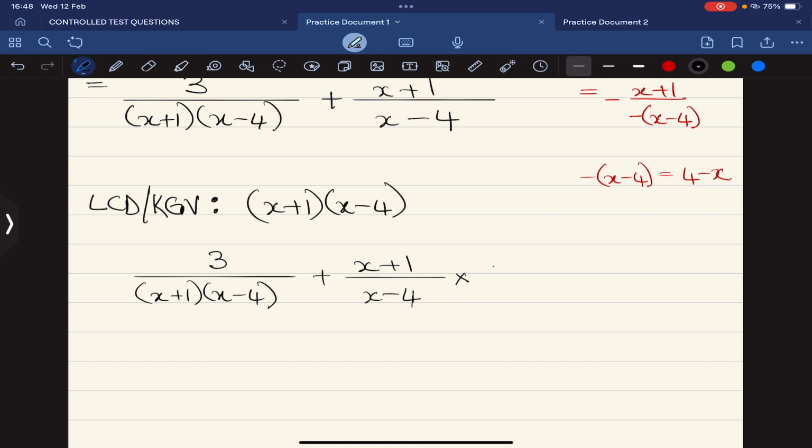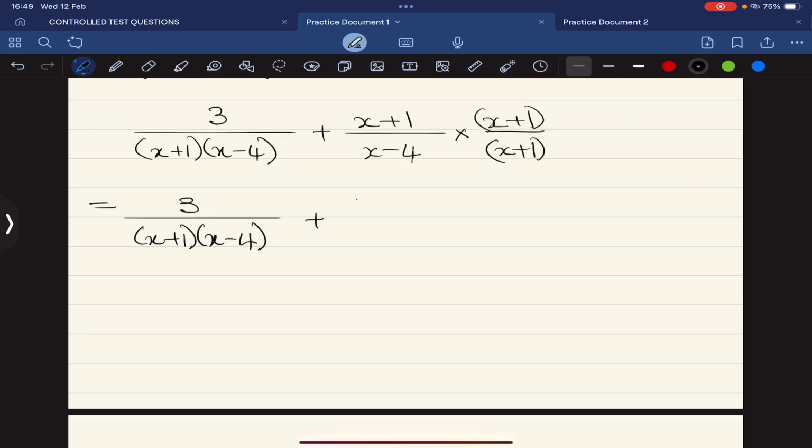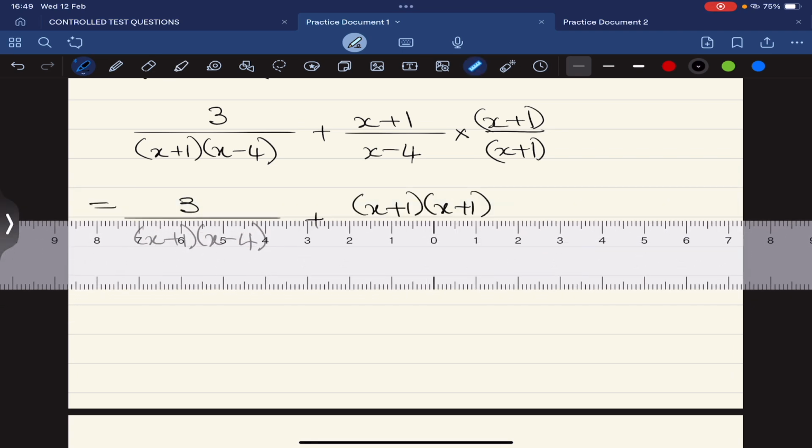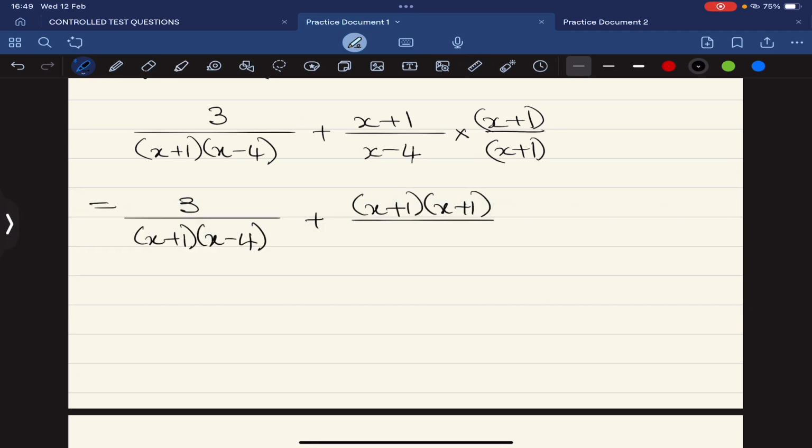So I'm multiplying with x plus 1 over x plus 1. So in my numerator now, I'm going to have x plus 1 times x plus 1. Note the brackets again. And in my denominator, I'm going to have x plus 1 and x minus 4.